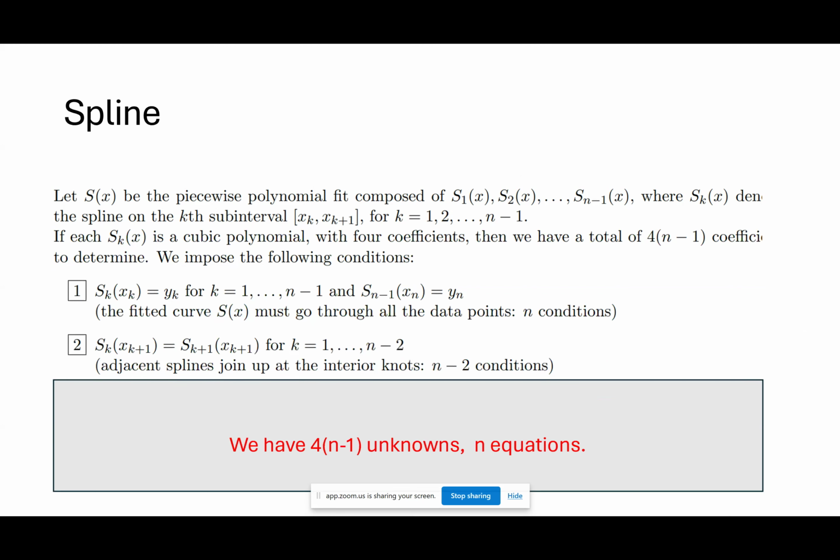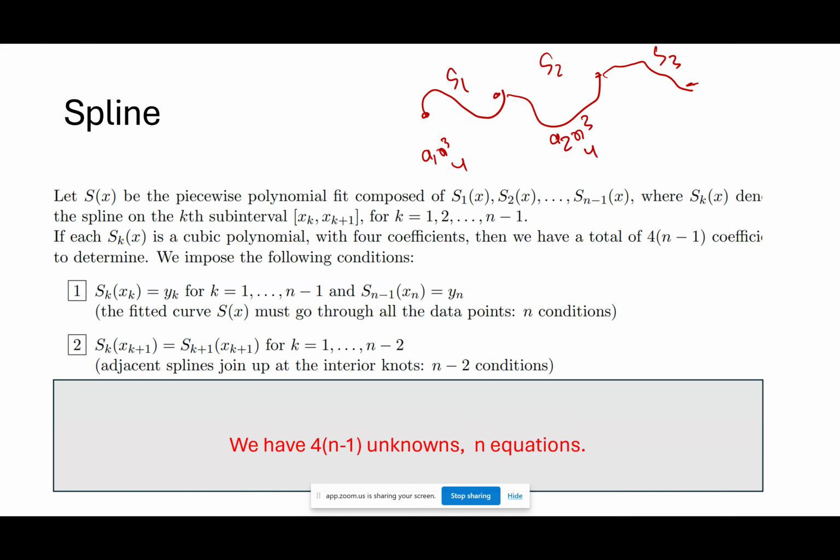Care must be taken: let's say these Sx are the third order cubic polynomials. These are the 2 points, let's say these are the 3 points. S1x is one polynomial, S2x is this polynomial, and S3x is this polynomial. Each polynomial has its own parameters, like A1x cube, and here A2x cube. Four parameters, its own parameters.